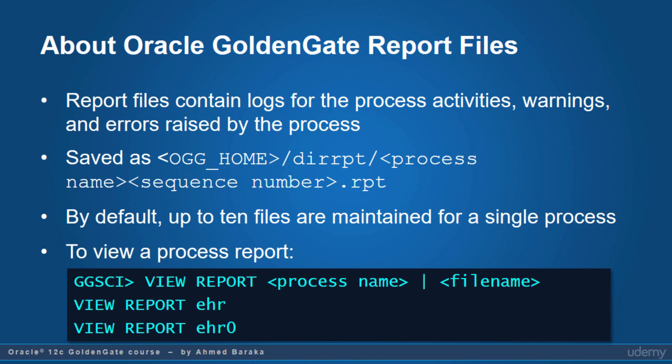If you want to display an older report, you can pass to the command the file name of the required report. As I said, the old report file names take the format of the process name followed by a sequence number. You have two examples in the slide. The first one will display the most recent report of the process EHR. The second example will display the second most recent report.